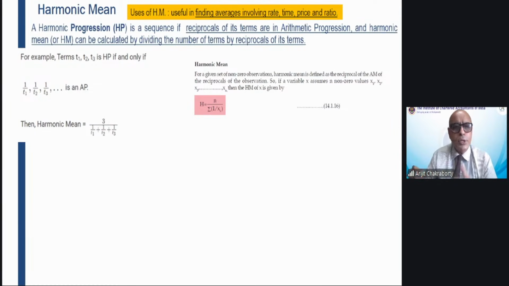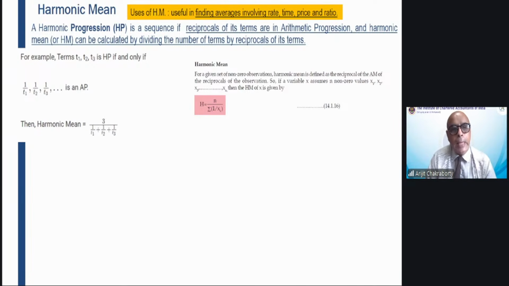Now, just like we referred to geometric progression and then moved to geometric mean, we apply the same process. First we see what is harmonic progression, and then we will look at harmonic mean. As you can see on the slide, harmonic progression is a sequence of numbers such that if the reciprocals of these numbers are in arithmetic progression, then it is known as a harmonic progression.